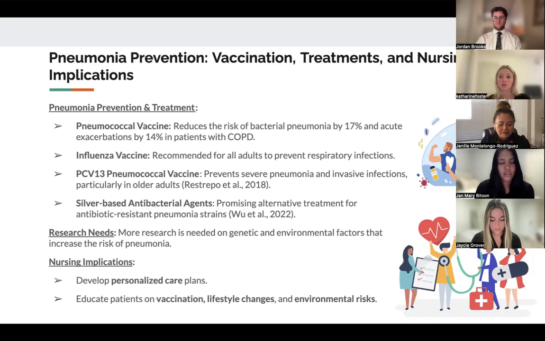And as future healthcare providers, we play an important role in educating about the risk of pneumonia by creating personalized treatment plans, educating patients on vaccination, lifestyle changes, and environmental risks, and continuing our scientific research so we can protect those high-risk populations and improve overall health outcomes.